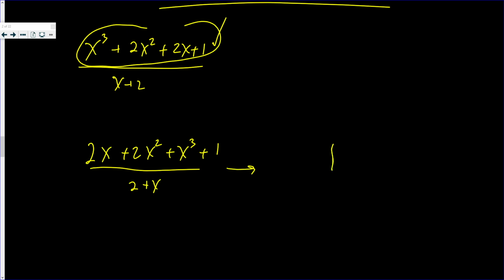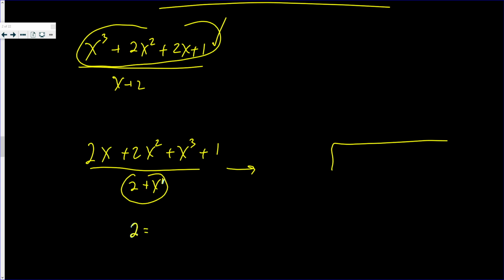And we want to do the long division. You need to write this in descending order. The power of x here is 1. And the power of x for the 2, you need to remember.